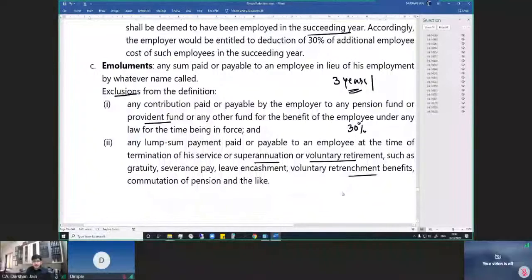Similarly, let's assume there would be only one employee who is increased and you pay him 1 crore rupees. Now 1 crore rupees would mean 30 lakh rupees of a deduction, but that is specifically kept out of 80JJA.